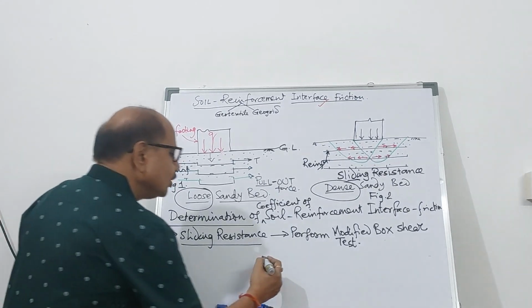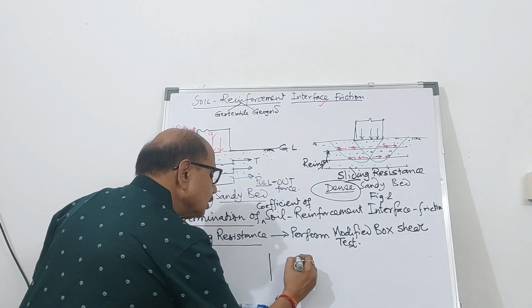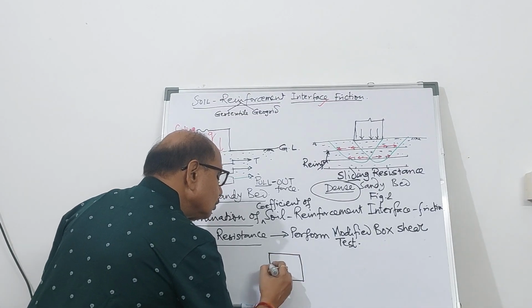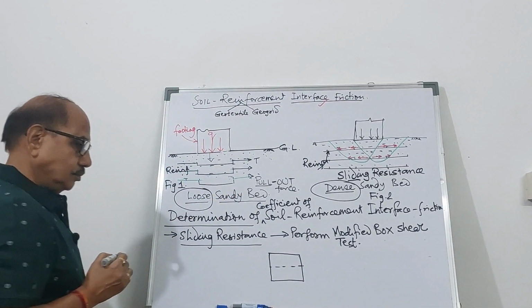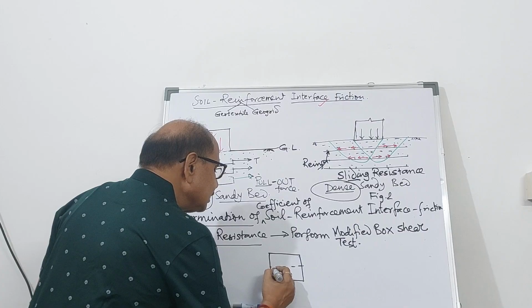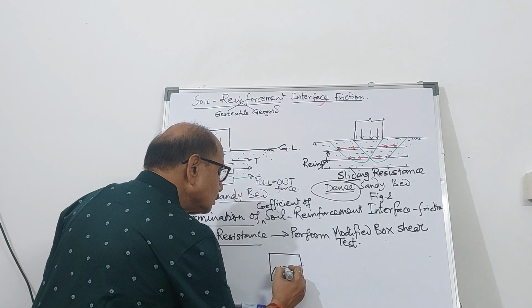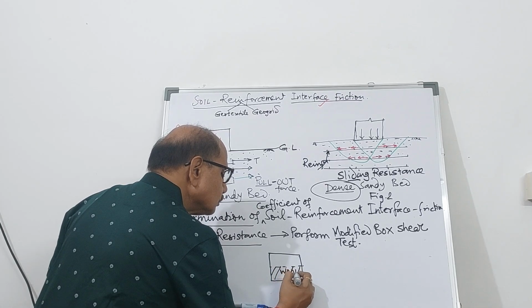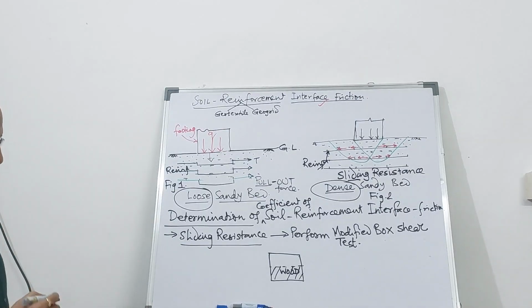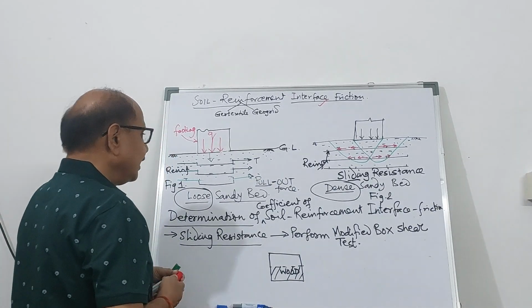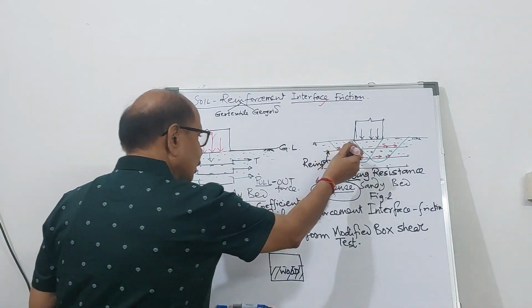You have a shear box, which is divided into two halves. Now, the lower half is filled with wood. And what you can do is you can fix here the reinforcing element which you are going to use.